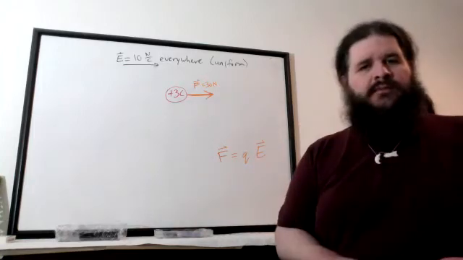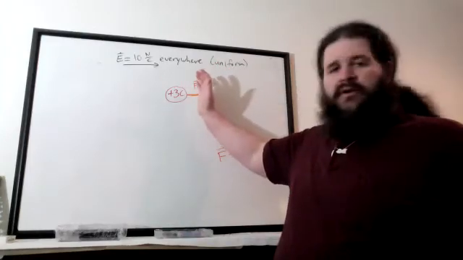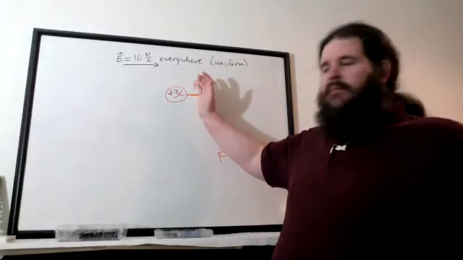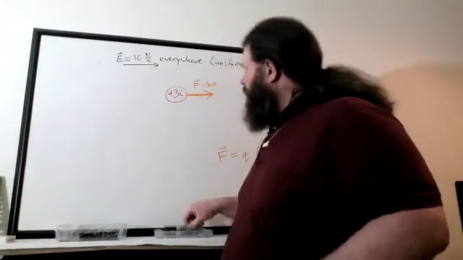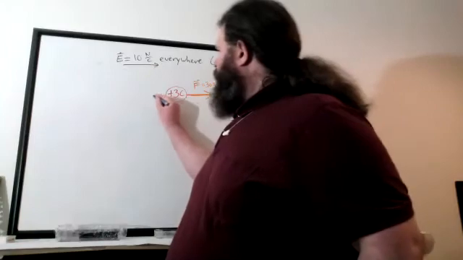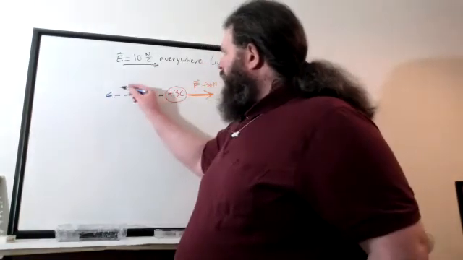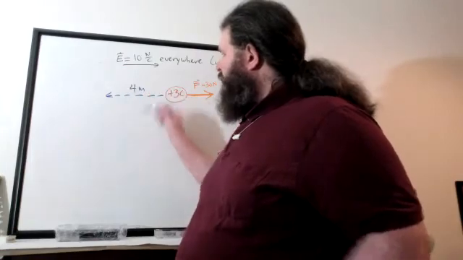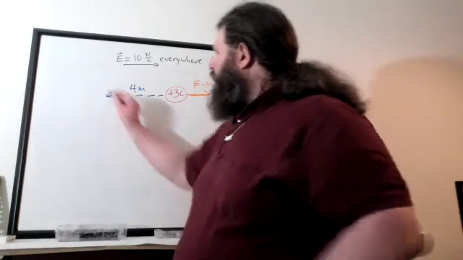But let's say we wanted to move that. I mean, if you were just applying 30 newtons of force, you could hold it in place. But let's say you want to slowly move it to a new location. And let's say we want to move it a distance of, let's say, 4 meters. Move it 4 meters to its new home.